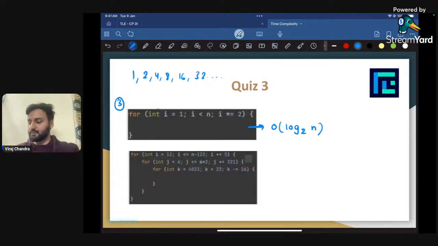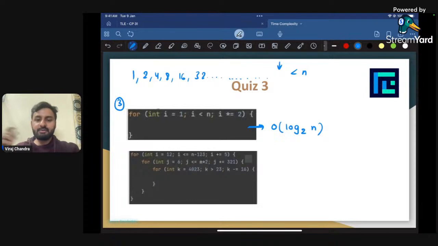I'll give you a quick proof. Let's say that your i was 1, then it became 2, 4, 8, 16, 32. Till when did this happen? What is the stopping point? Of course, you stopped at a location which was less than n, because after this you went above n.